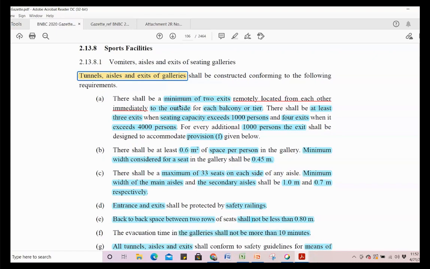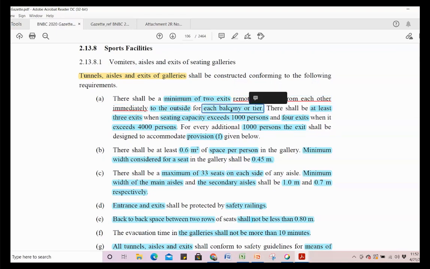A, there shall be a minimum of 2 exits remotely located from each other immediately to the outside. So at least 2 exits must be there. There is no provision for single exit. So there must be at least 2 exits remotely located from each other immediately to the outside for each balcony or tier.